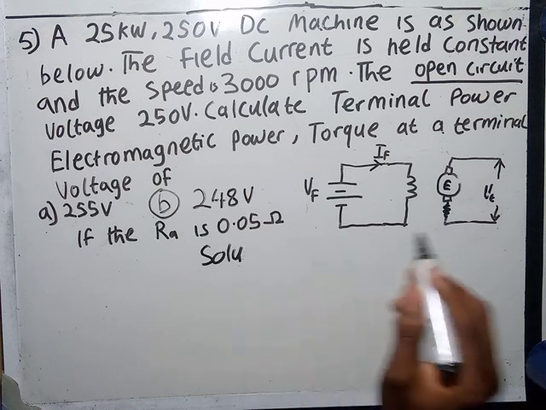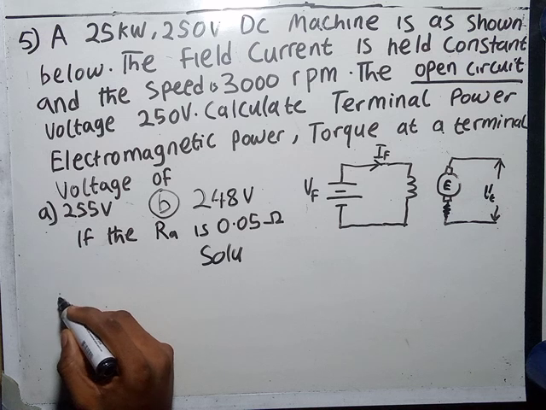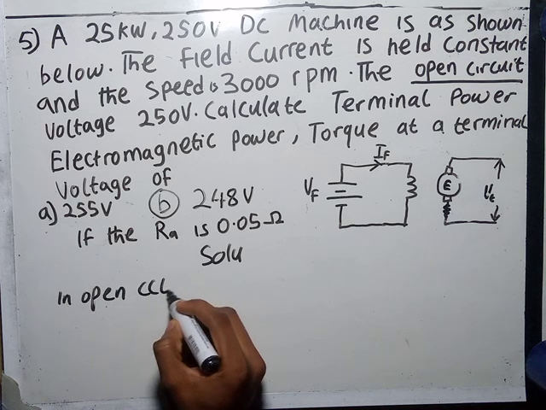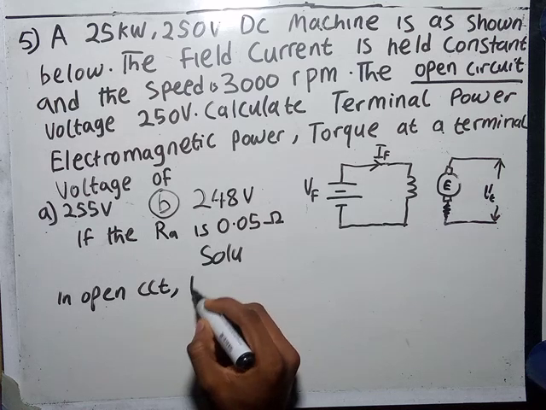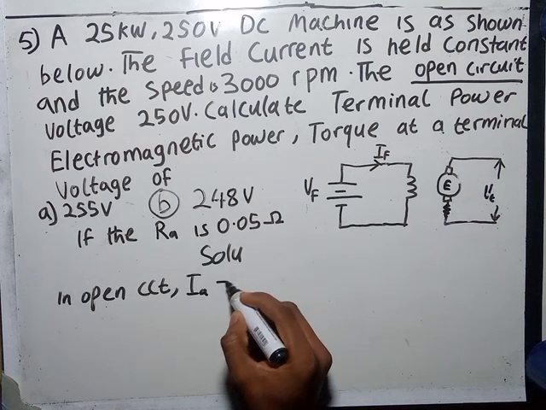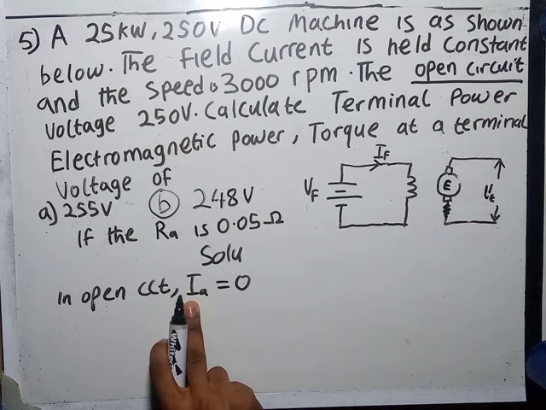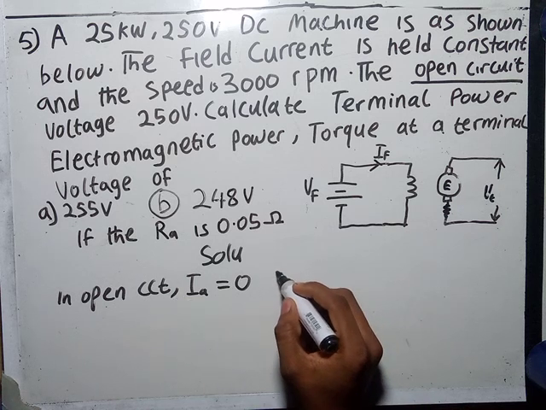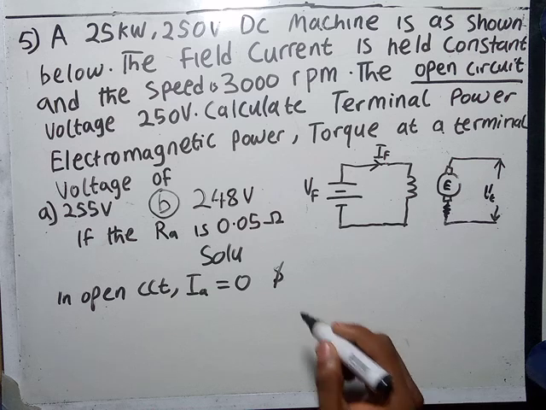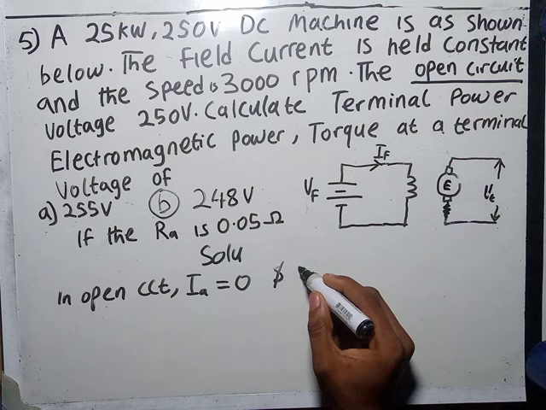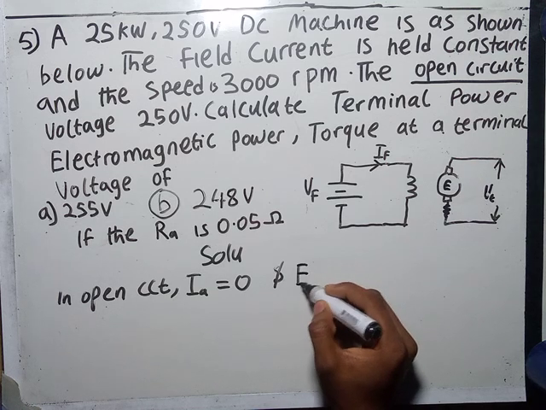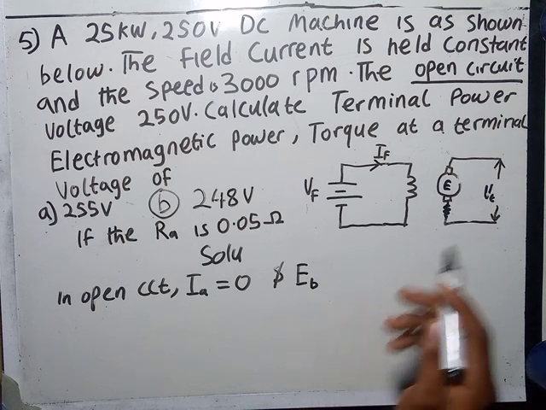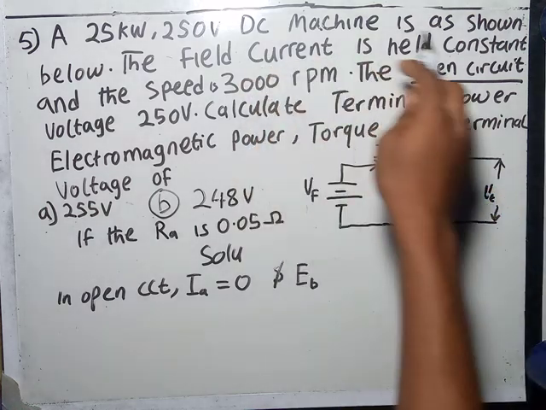Now this open circuit voltage tells us that our VT at this point is 250, but since it is open circuited, no current is flowing through this circuit when VT is 250, and E, which is the armature EMF, is also 250 since it's an open circuit. So knowing this, we will then say that in open circuits, IA is 0. This armature current is 0, and our E, whether you choose to call it EB or EG, depending on whether it's a motor or generator, but here we aren't told.